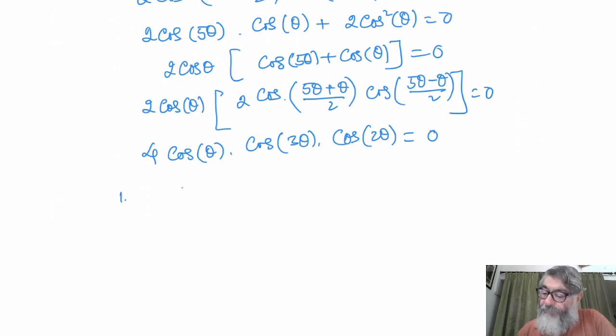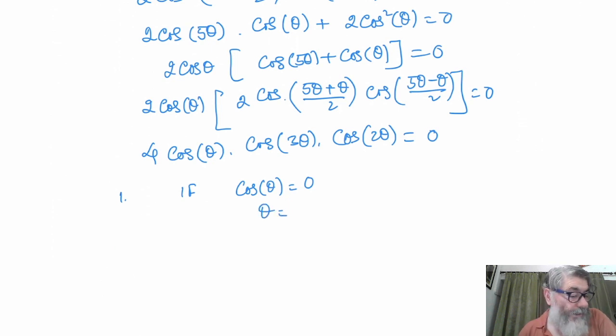Number 1, if cos theta is 0, then theta will be how much? Theta will be 2n plus 1 pi by 2, odd multiples of pi by 2.